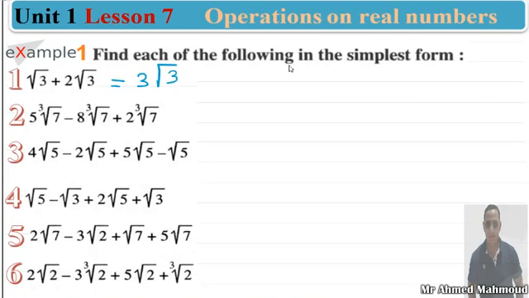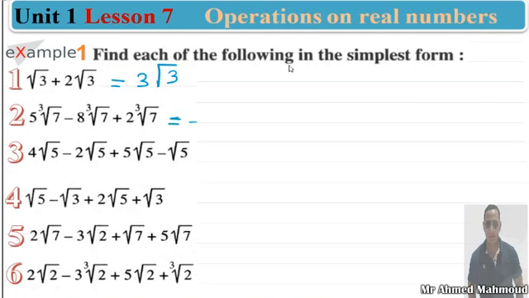The next one, here we have 5 cubic root 7 minus 8 cubic root 7 plus 2 cubic root 7. All of them are like. I'm going to add 5 minus 8 plus 2. 5 minus 8 equals negative 3, plus 2 equals negative 1.